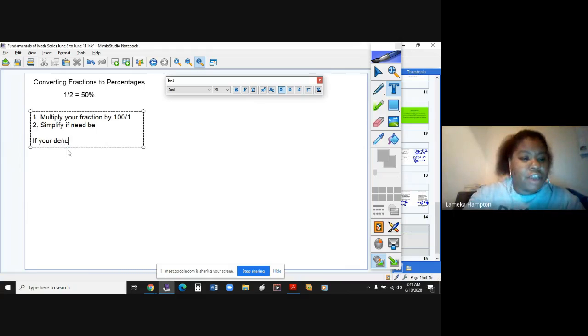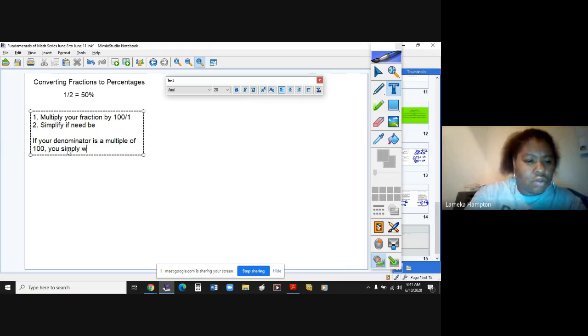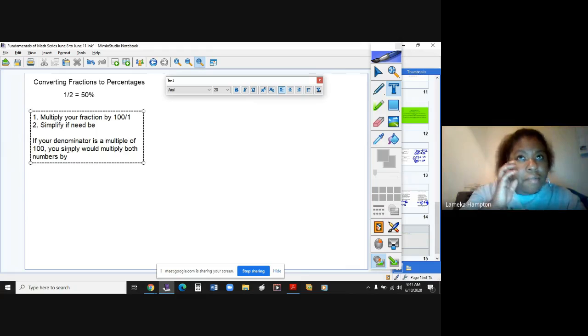If your denominator is a multiple, now this is the key you got to know, is a multiple of 100, you simply will multiply both numbers by that multiple. And I will show you an example of what I mean.